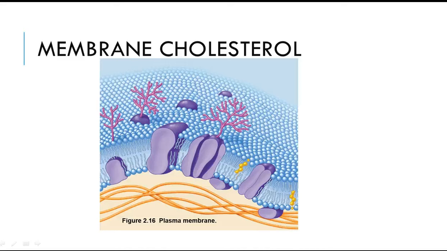We can make some of it, but it's okay to take it in moderate amounts, just like everything else we consume. So cholesterol is shown here by the two little golden four-ring structures.